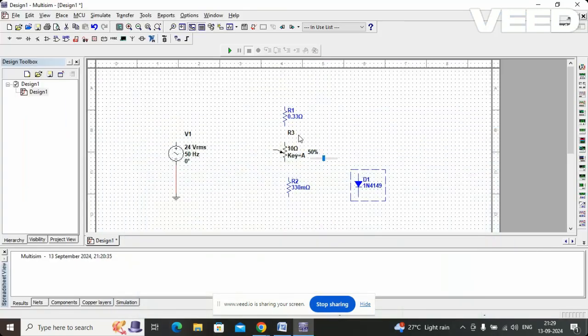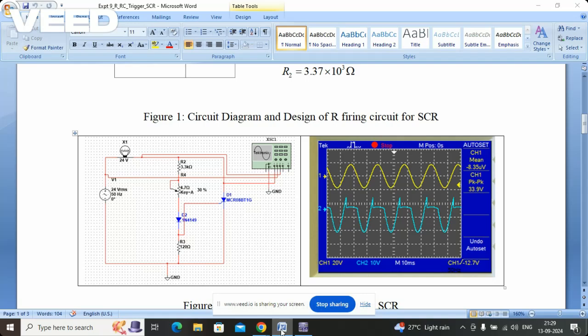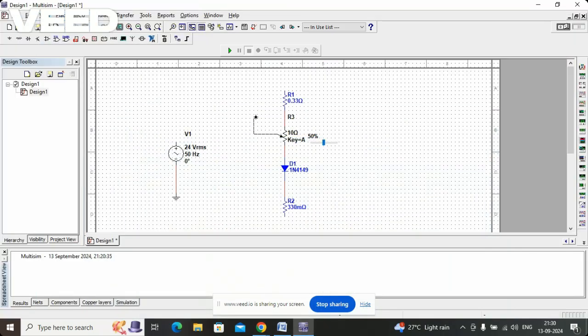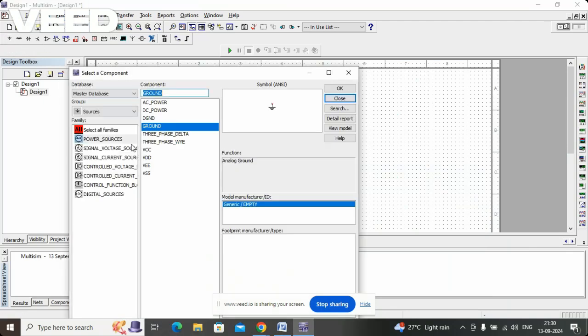Then I place all the components over here and connect them. Then you can place a component here and choose an SCR.